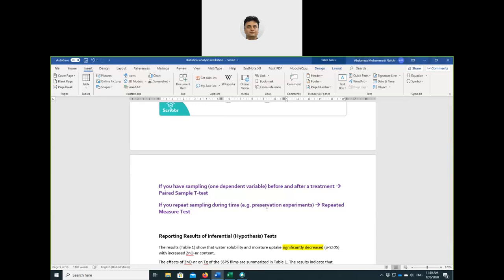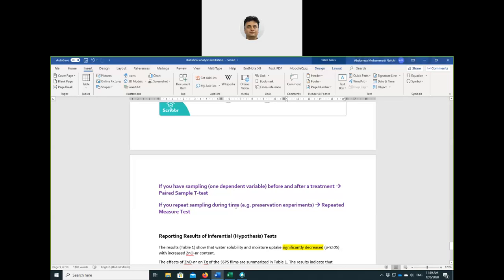We measure some characteristic on the first day, again after 1 week, maybe after 2 weeks, depending on the food material, maybe 1 day, 2 days, 3 days, or maybe 1 month, 2 months, 3 months. If you repeat one time, the paired sample t-test is okay. If you measure more than two times, if it's before and after, t-test is okay.